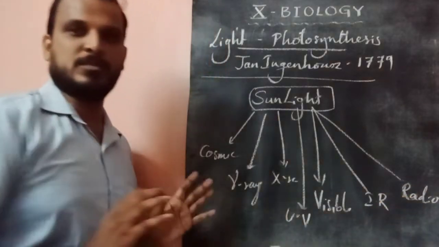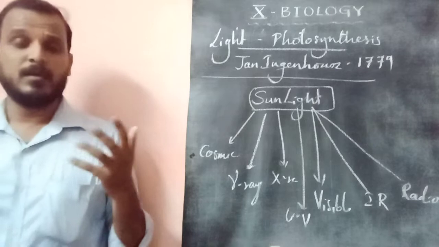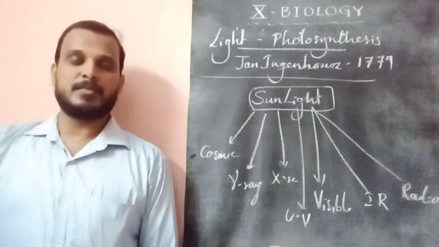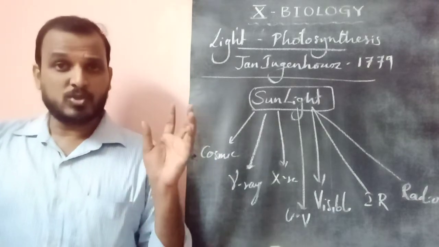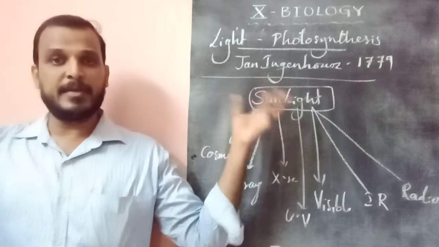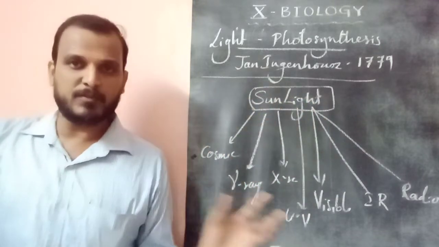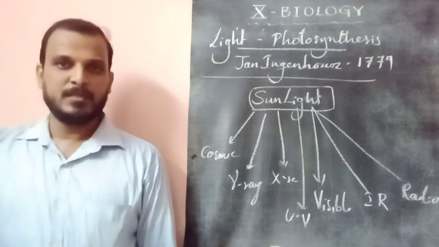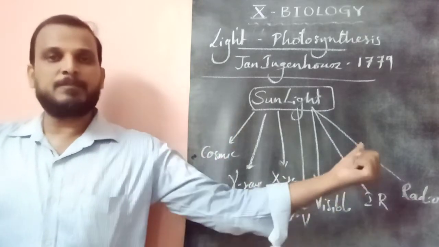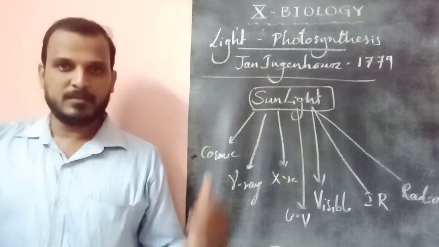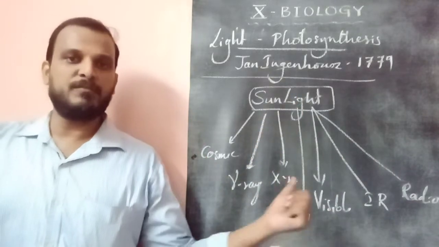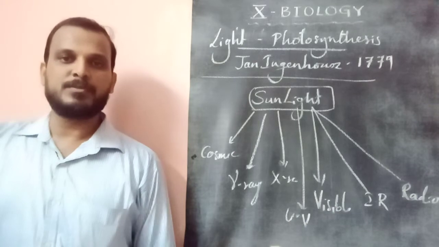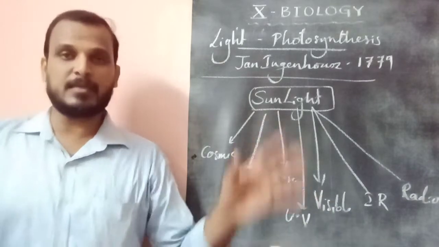This information is not in the textbook, just for your knowledge's sake, for further studies I am telling you. Solar radiation means the forms of different rays coming out, which is called radiation. So different types of rays are coming out of sunlight: cosmic, gamma, X, UV, visible, IR, and radio waves. So 7 kinds of rays are coming out.